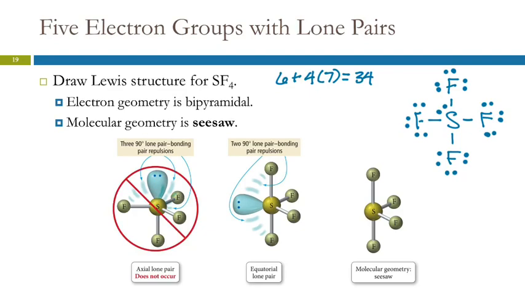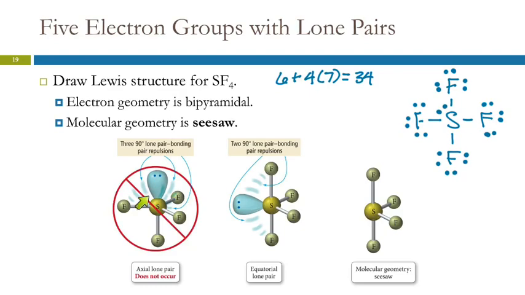So when we look at sulfur, how many electron groups does it have? 5. 5 groups make what shape? Trigonal bipyramid. So there's a triangle here, and it makes a pyramid on the top and a pyramid on the bottom. In the trigonal bipyramid shape, all the bond angles are not the same, and so all the positions are not the same.